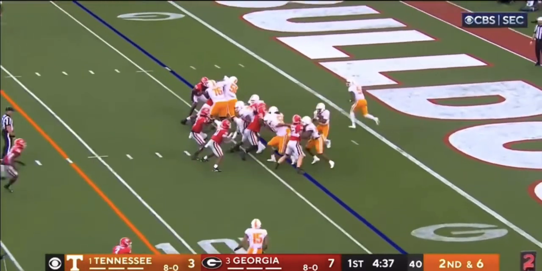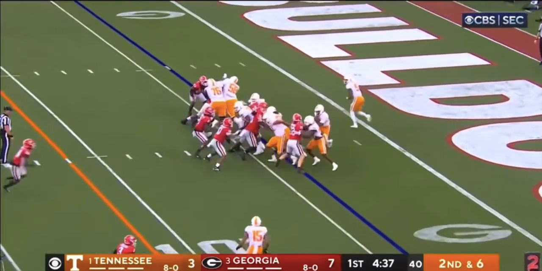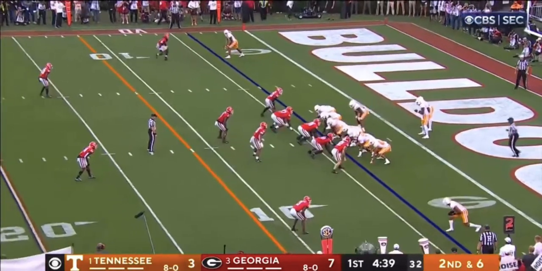Now, the hole's clogged because we spill, and we'll talk about that, but he eventually works outside, all right? So again, zone read, if the running back's here, he's most likely going to go in this direction, and then they're going to read this end. So if you're opposite of the running back, that can also tell you to expect the run that way.